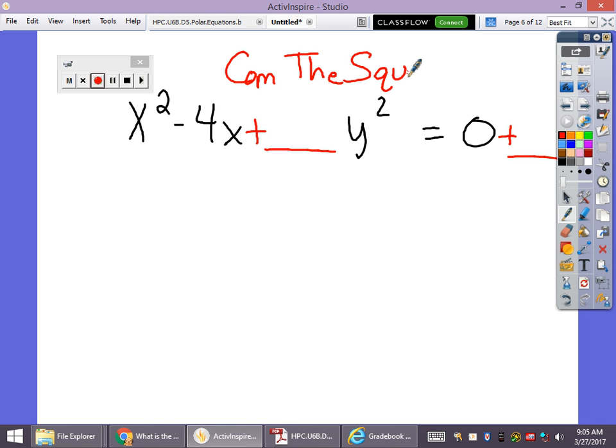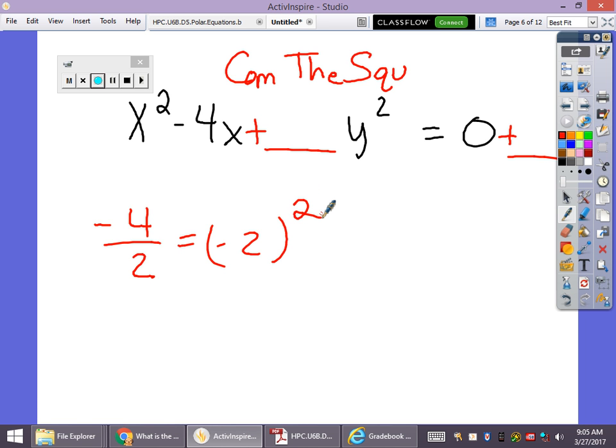Complete the square. Yeah, you had to complete the square. Who remembers how to complete the square? What do I do to this? Half of it. Good job. So negative 4 divided by 2 is a negative 2, and then I have to square it.